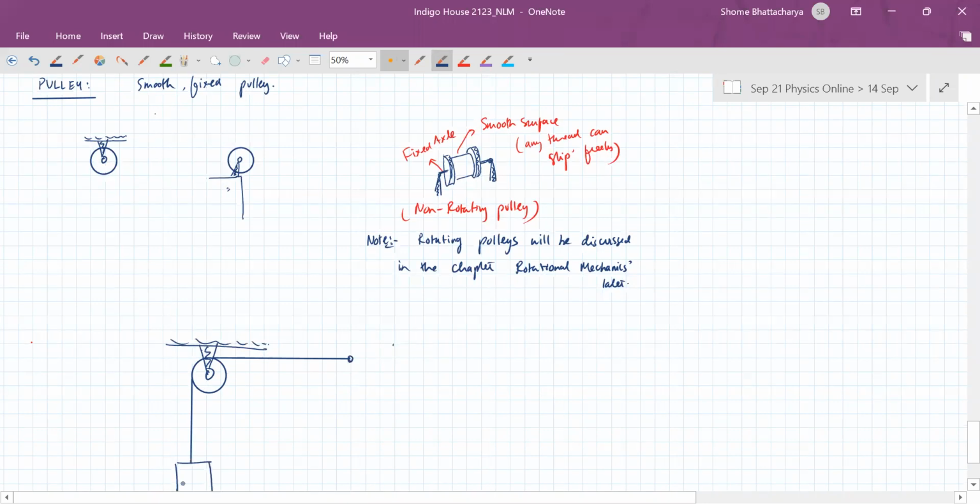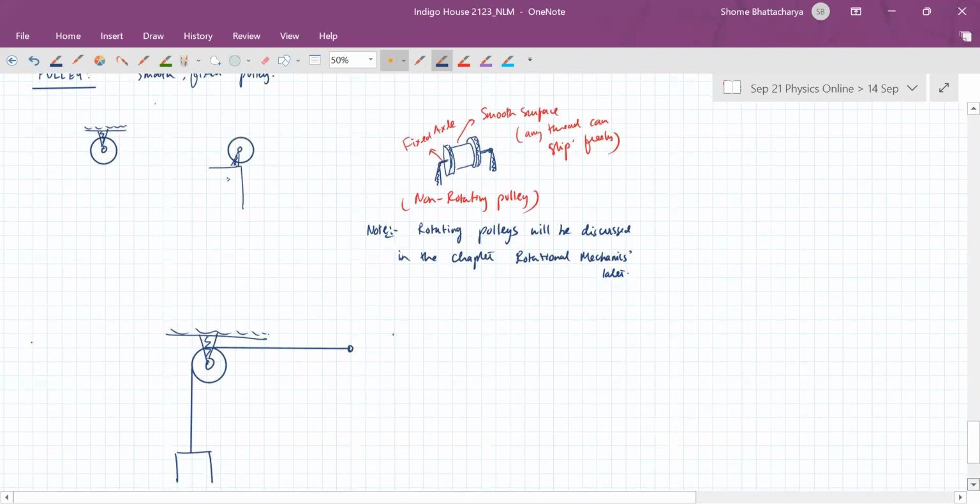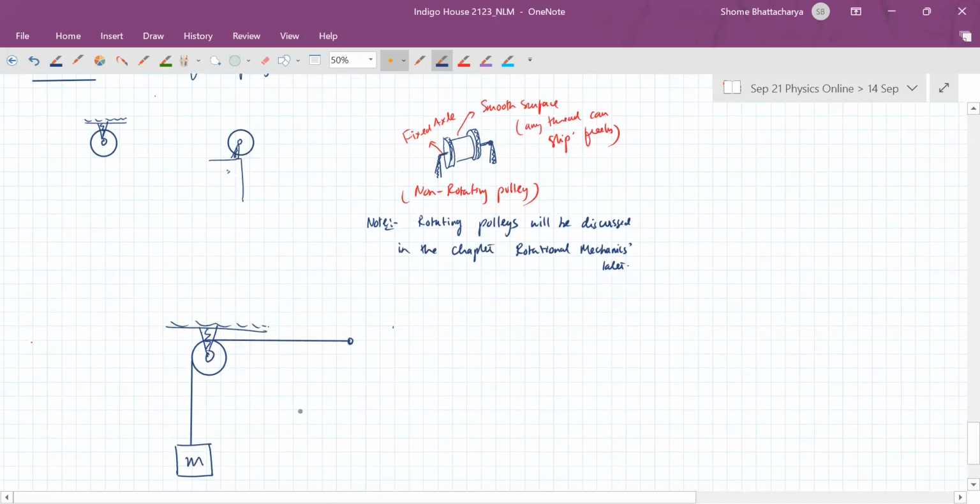Now one end of the thread is attached to a block like this, and the other end of the thread is being pulled with some external force like this.